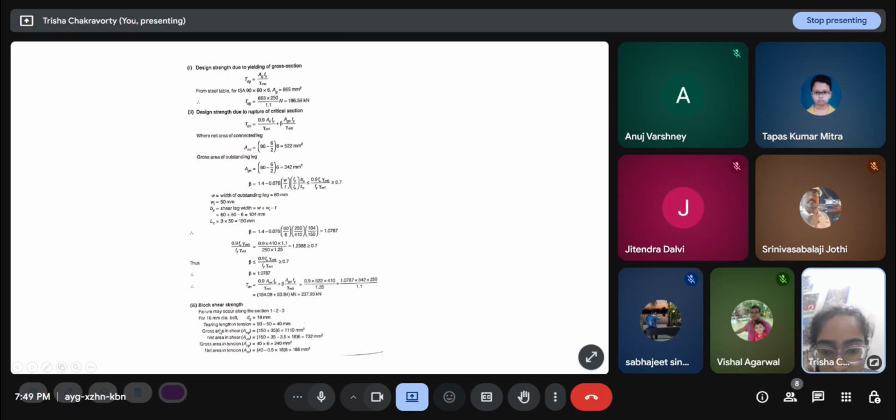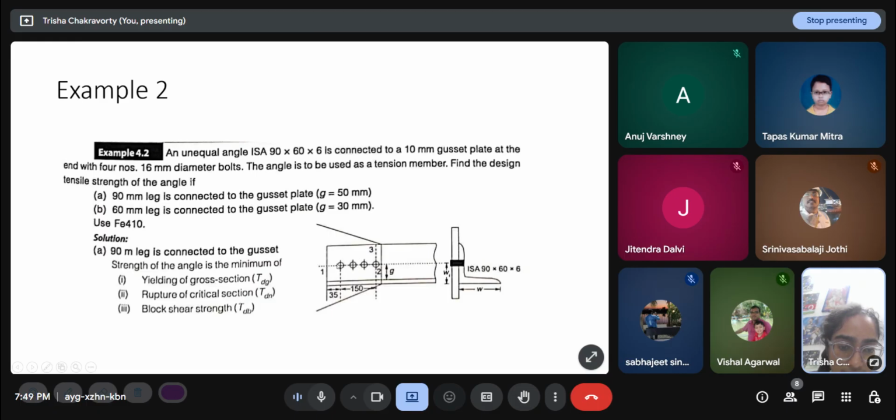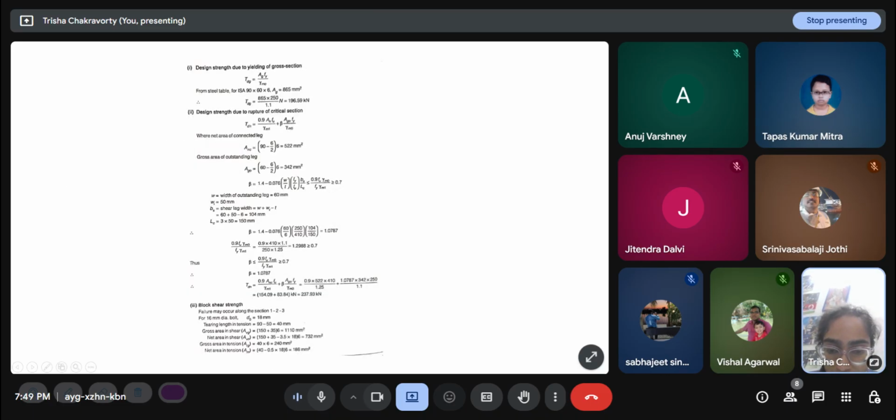So 40. The gross area in shear, which part am I concerned with? I'm concerned with this line 1 2. So 150 plus 35. When I'm taking the net area in shear, I have to subtract 3.5 bolt holes. So 150 plus 35 into 6 is the gross area in shear, and the net area in shear is 150 plus 35 minus 3.5 into 18 into 6. 6 is the thickness.